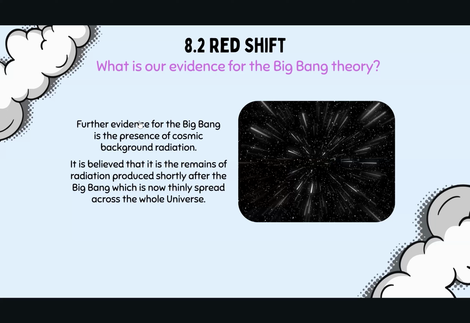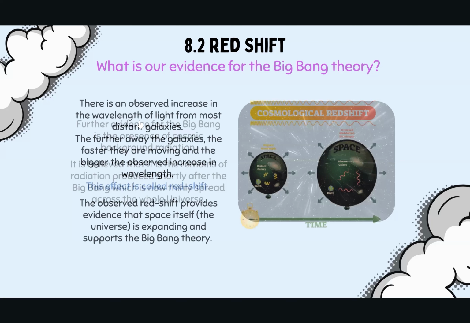So we have this background radiation all the time. If you think back to the radioactivity topic, the background radiation is this. The cosmic background radiation is from the Big Bang.